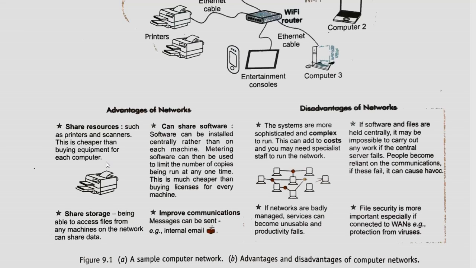Okay, also here you can see shared storage. Shared storage means being able to access files from any machine on the network and share data. Suppose again you are talking about the connection of the systems. Again 30 students are sitting in the same computer lab, and different resources are there in different systems. Now we can also make the storage shareable. That means the files can be accessed from any machine on the network.